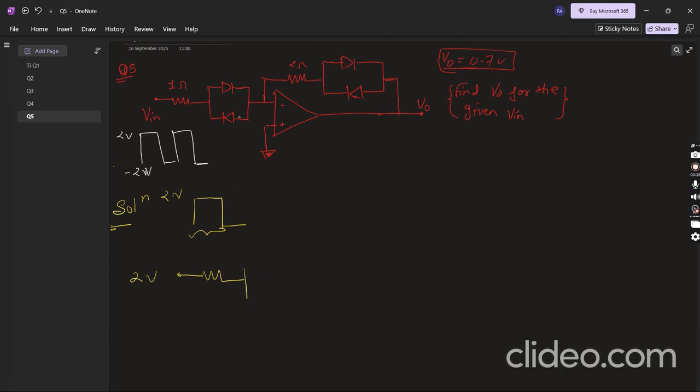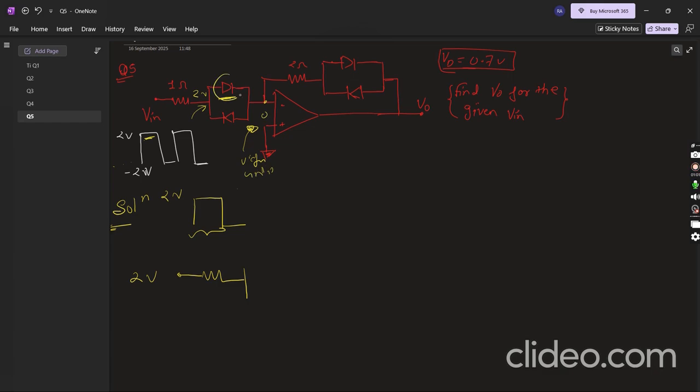If we use an open circuit for the diode, this diode is polarized, because if we open circuit the diode, this potential is positive at high volt, because this is 2 volt because of this V input, and due to the virtual short or virtual ground, this potential becomes zero.